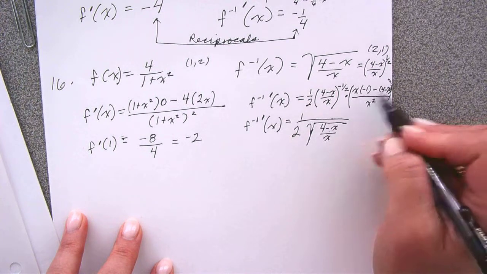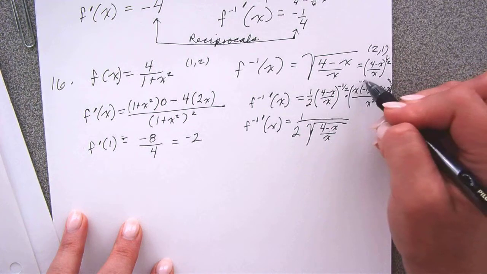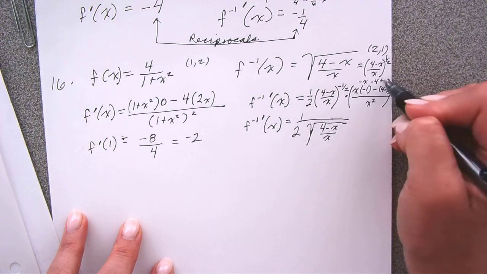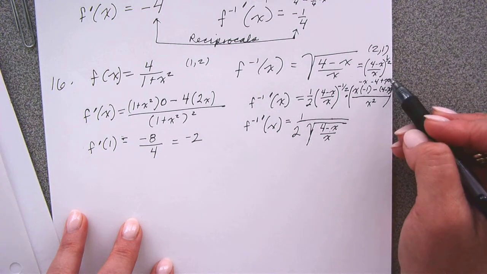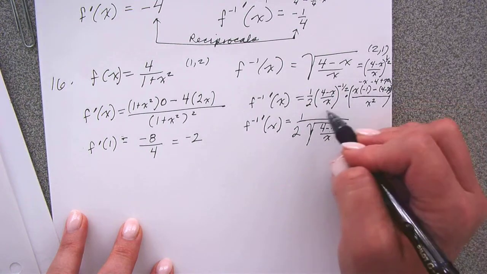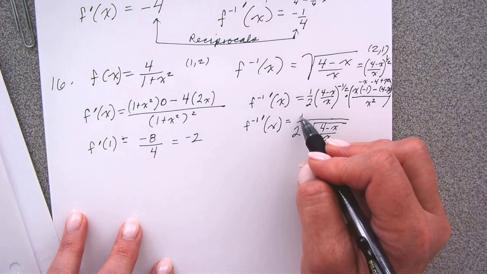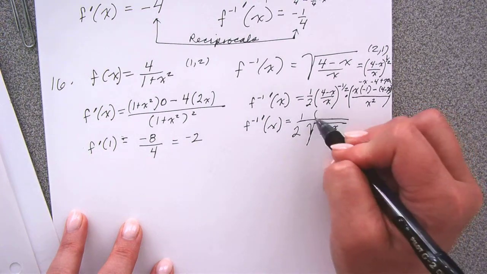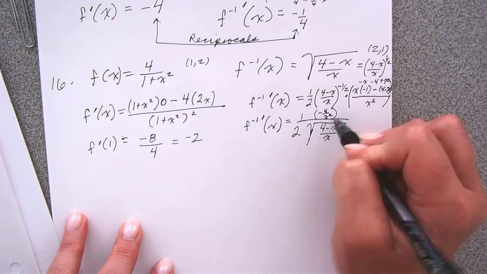And then in the numerator, I have negative x minus 4 plus x, right? So the negative x and positive x are gone, so I just get negative 4 over x squared times the 1 that's up here. So negative 4 over x squared, okay?